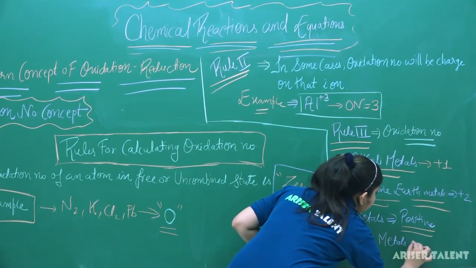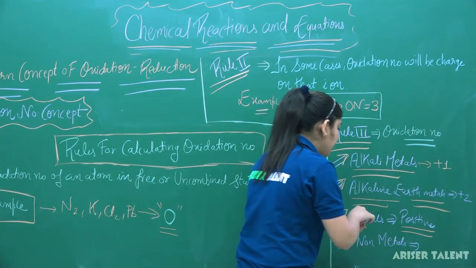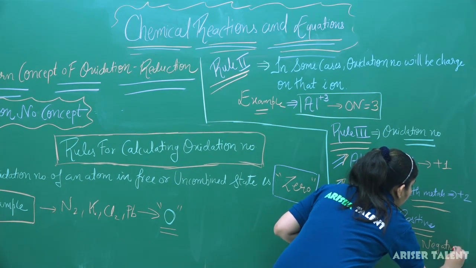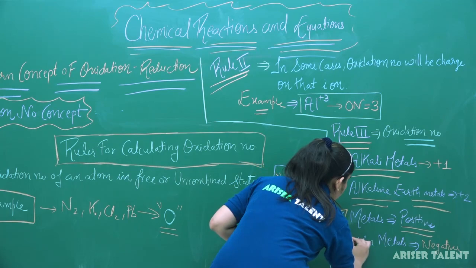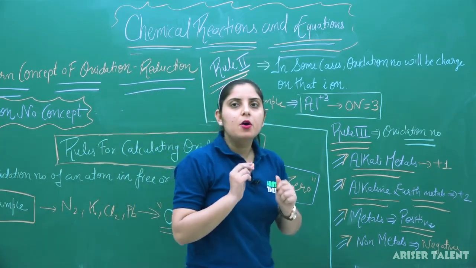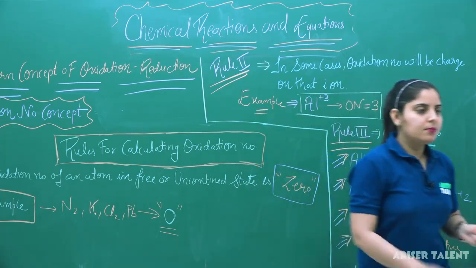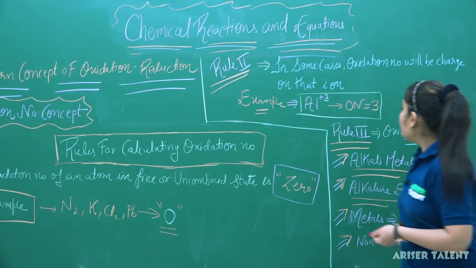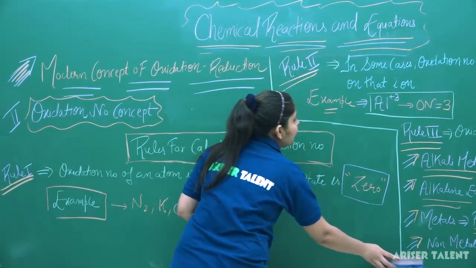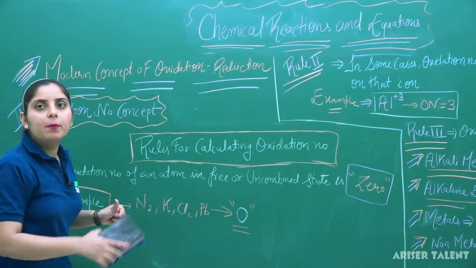For non-metals, oxidation number will be negative. So, this is the rule number 3 for writing the oxidation number of certain elements. So, now these are the 3 rules for oxidation number concept. Now, we have many more rules, but before that you can copy it from here.